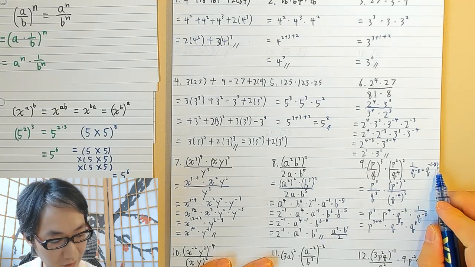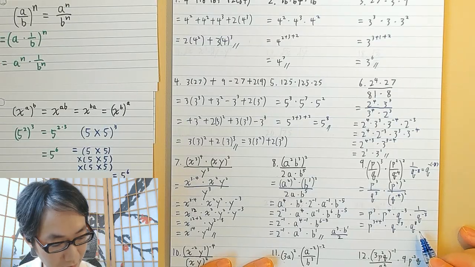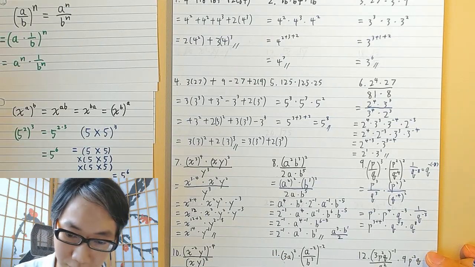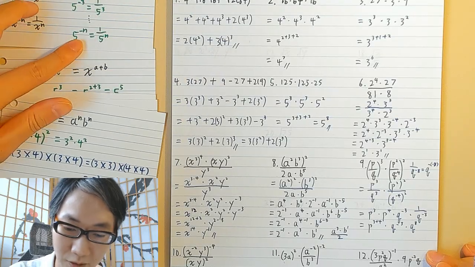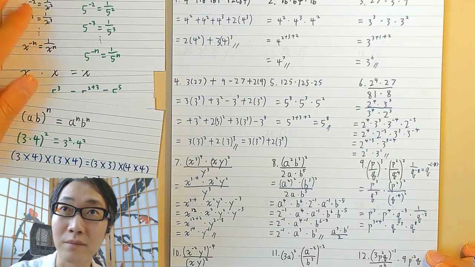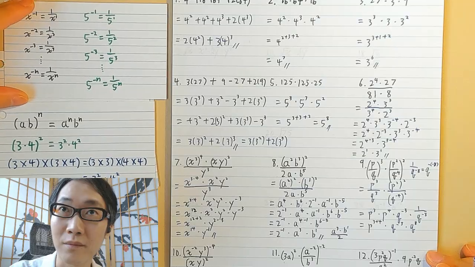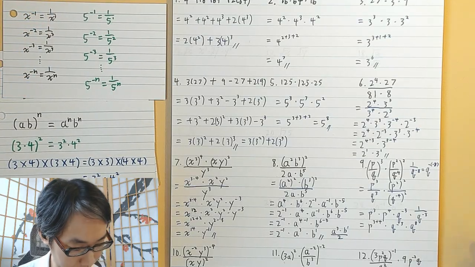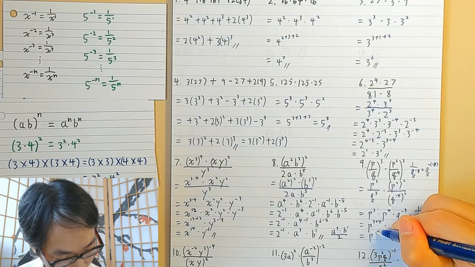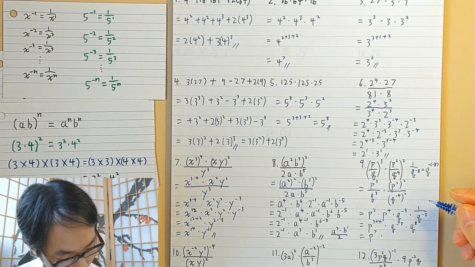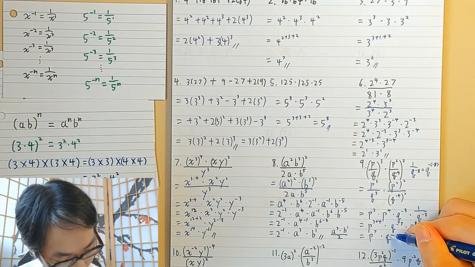This is +8. So from here to here, it's like this. Using this rule. So we have the answer of P to the power of 7 times Q to the power of 5.